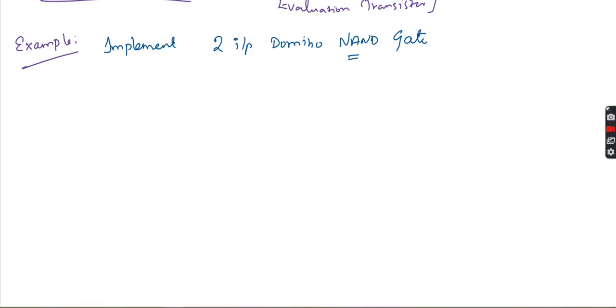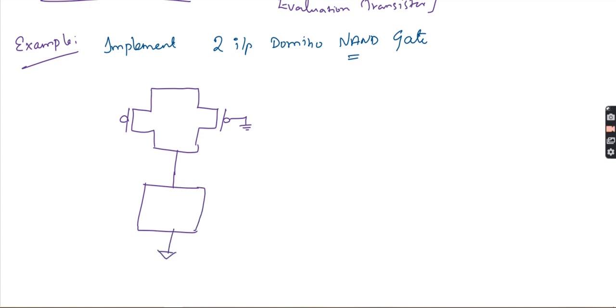The general circuit will look like this. VSS, that will be your VDD.